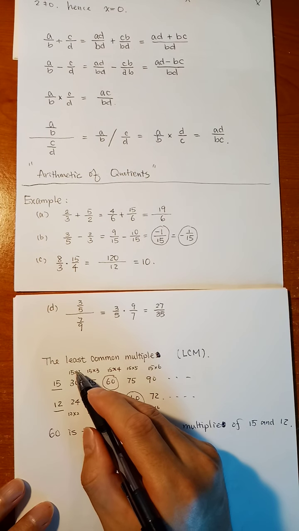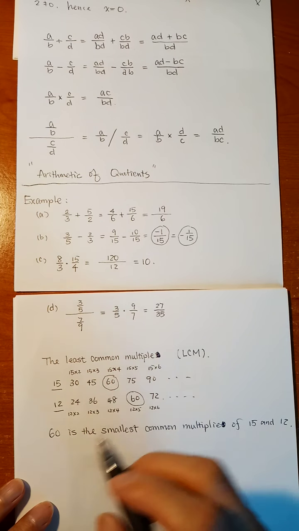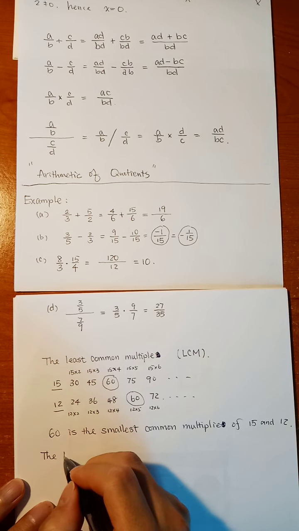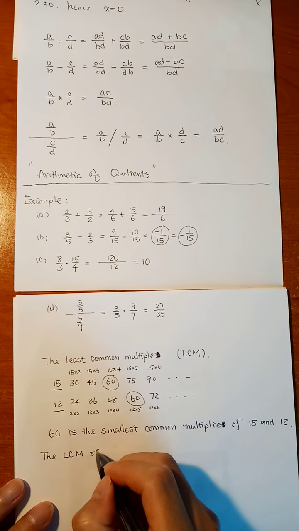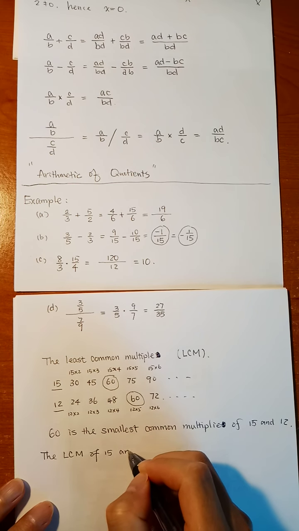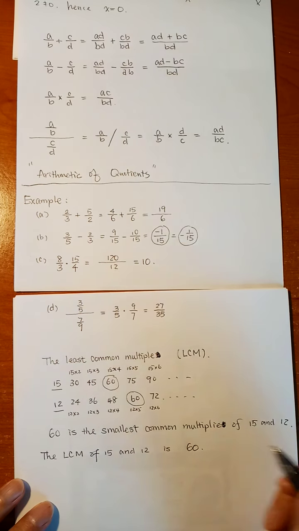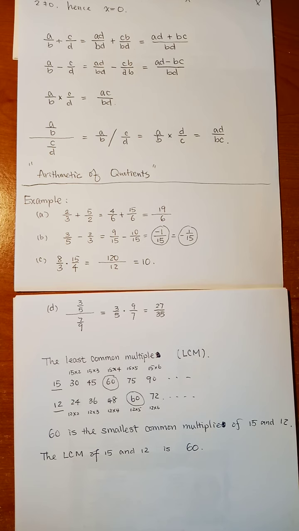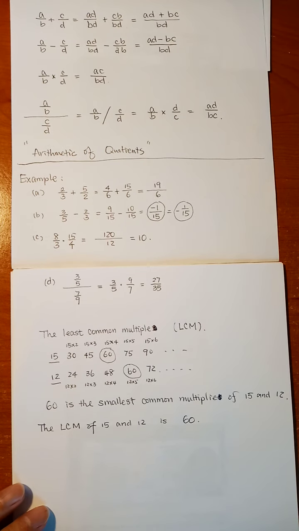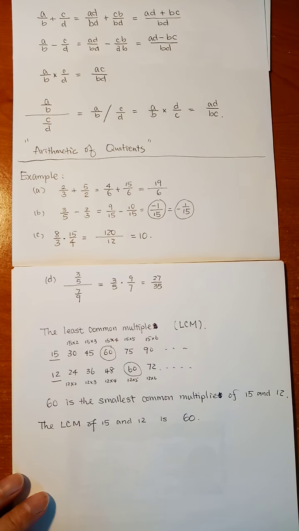Smallest, we can use another word, least. So the LCM of 15 and 12 is 60. All right, so that's the meaning of the least common multiple.